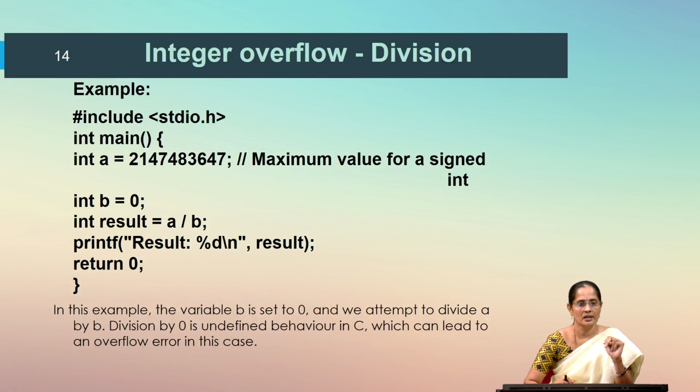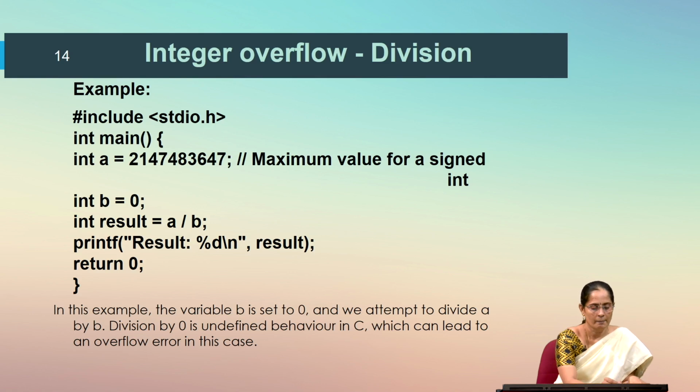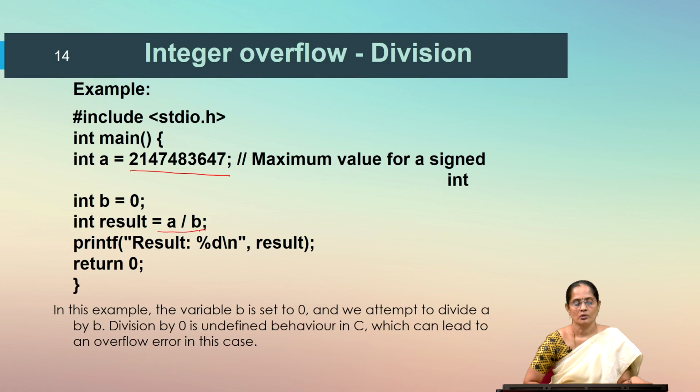Then there is a second case. In the same way, we assign the maximum value of a signed int to a variable, and now we try to divide that value by 0. This actually ends up with the situation called division by 0.